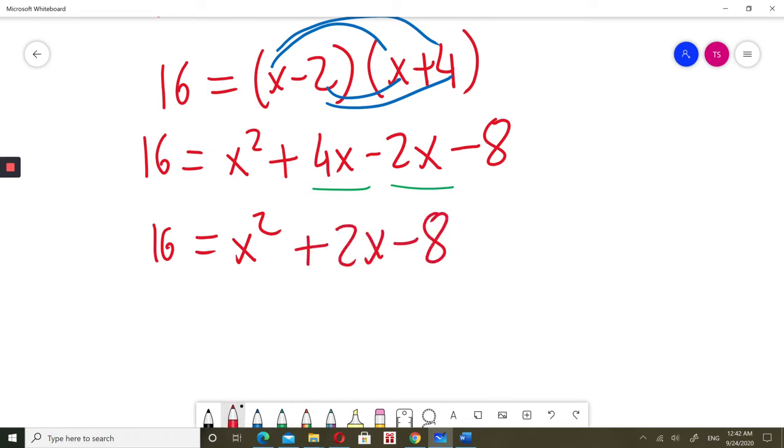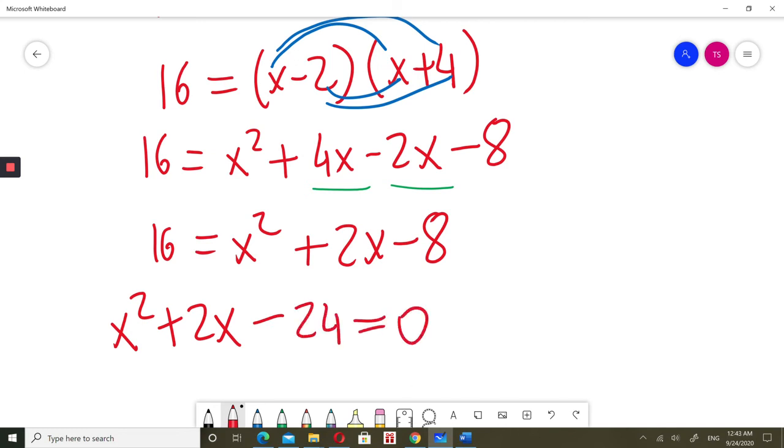This is a quadratic equation, so I want to have it equal to 0. I will subtract 16 on both sides, so I will switch sides straight away. So I will have x squared plus 2x, I said subtract 16 on both sides, so minus 8 minus 16 will be minus 24, and that has to be equal to 0.